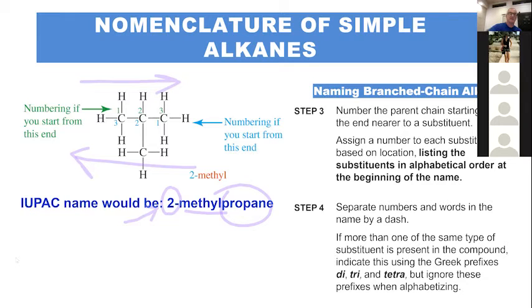So actually just methyl propane would be fine, because it's assumed that if you're adding more carbons to a 3 carbon chain, you'd have to add it in the middle. But usually you include the number. To separate numbers and words, we separate them with a dash. So you can either call it methyl propane, or you can also call it 2-methyl propane.